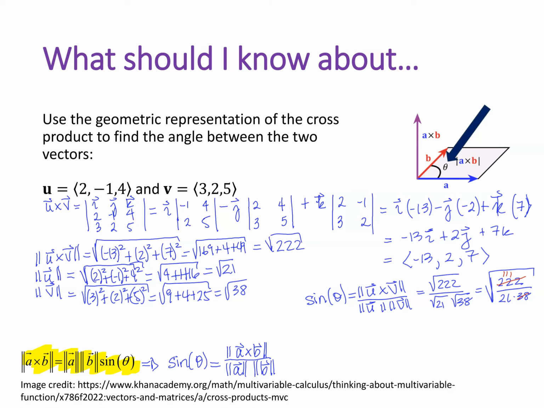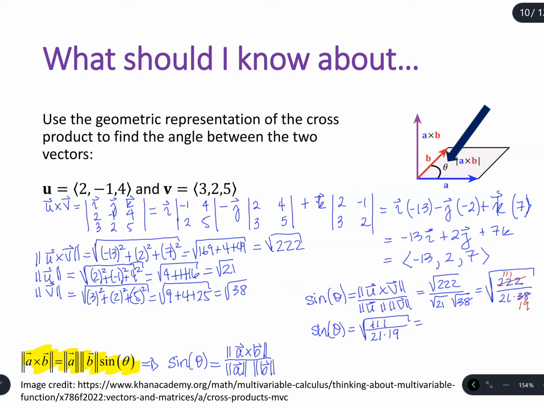So if I divide 222 by 2, I get 111. I divide 38 by 2, I get 19. Let's try that again. All right, so now we have sine of theta is the square root of 111 divided by 21 times 19.